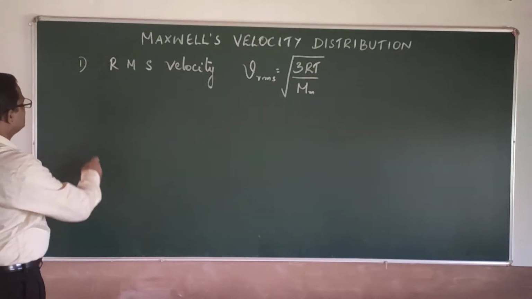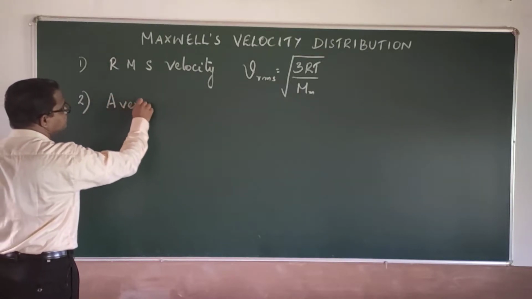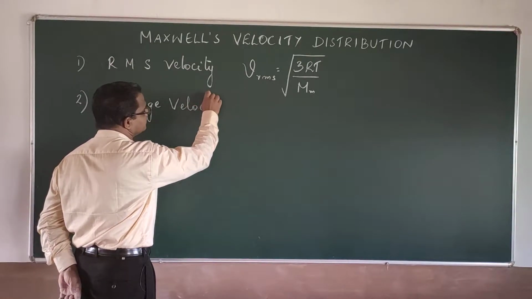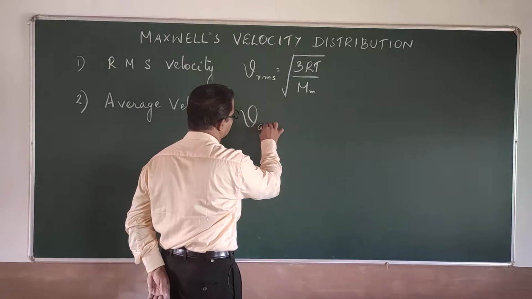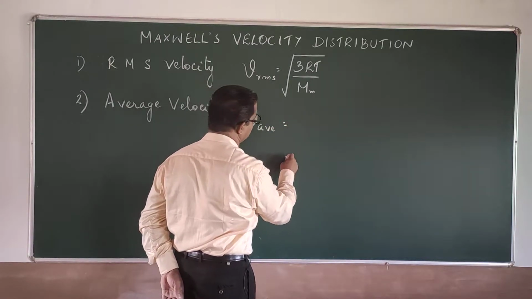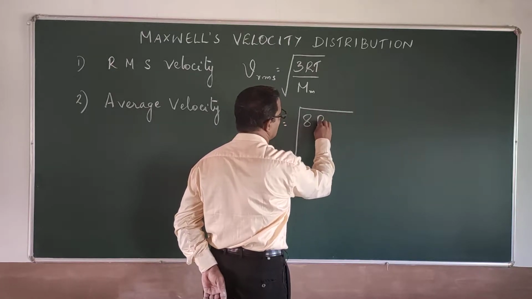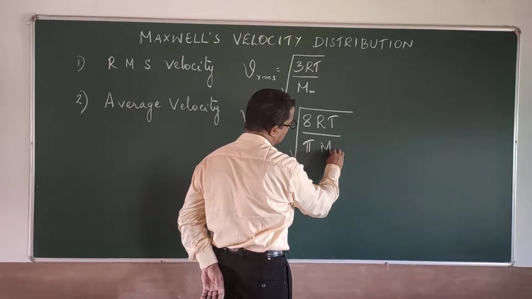And another velocity is the average velocity. This average velocity, V average, is equal to square root of 8RT by pi into molar mass.